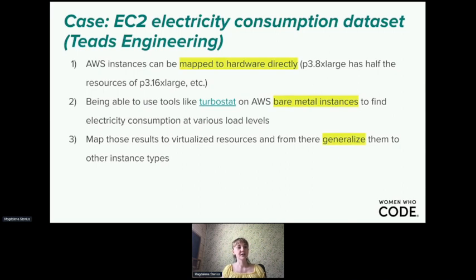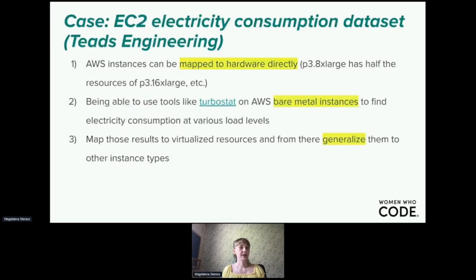So luckily for us, there is a team called Teads Engineering who have done great work building a data set of AWS EC2 energy consumption. For those of us who are not familiar with cloud compute, AWS offers cloud compute in the form of machines called EC2.